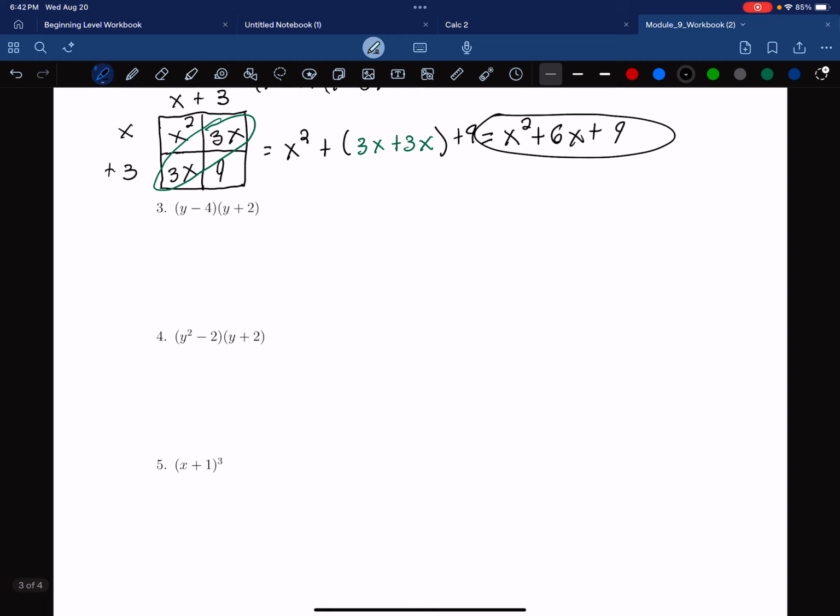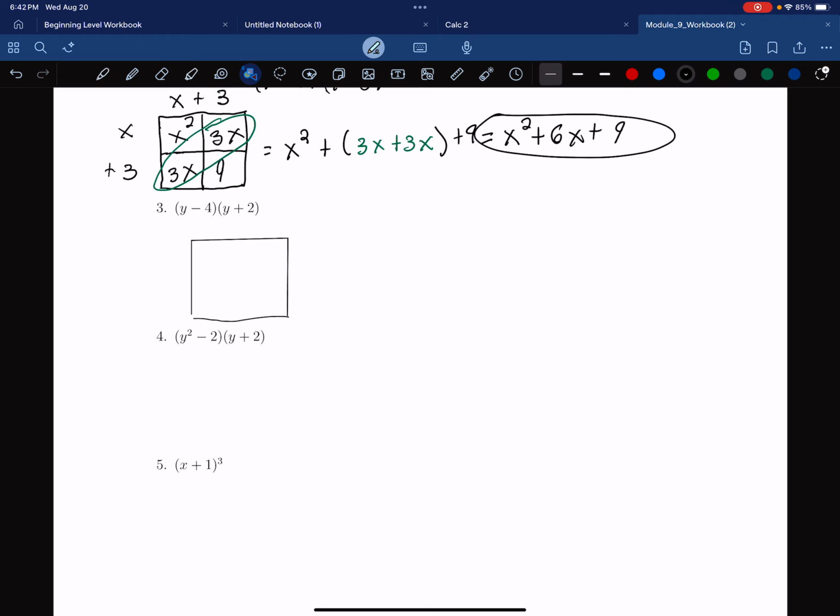Now looking at example 3, I encourage you to pause the video and try this on your own. And now let's work through it together. So we have y minus 4 times y plus 2. So the process is still the same.